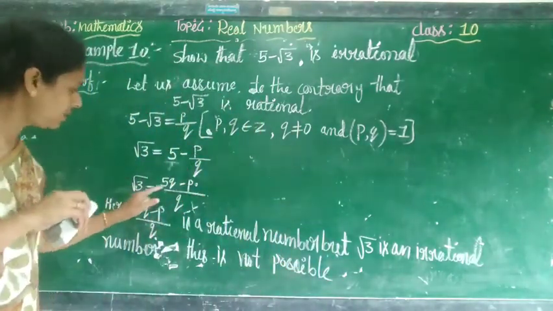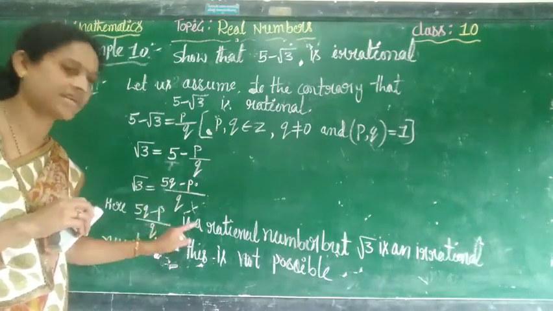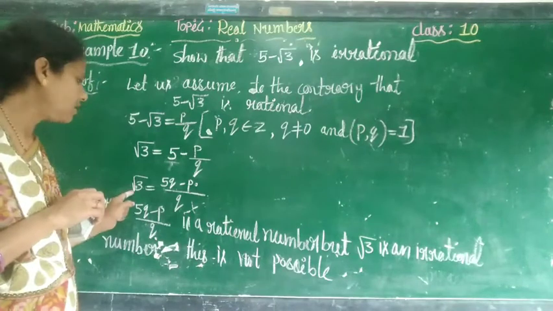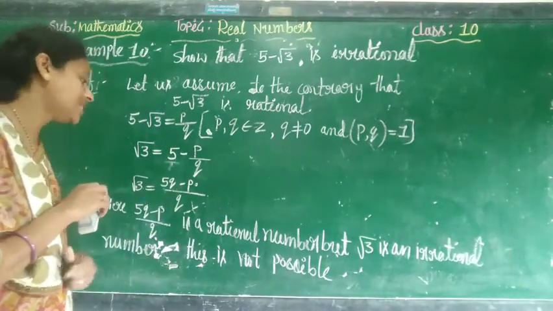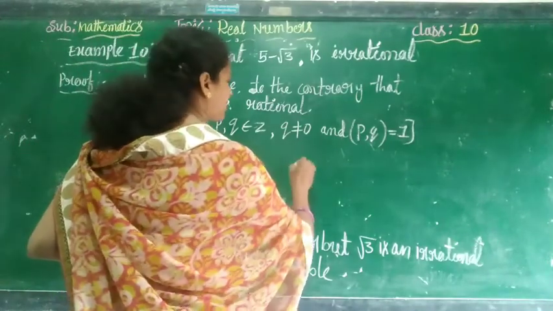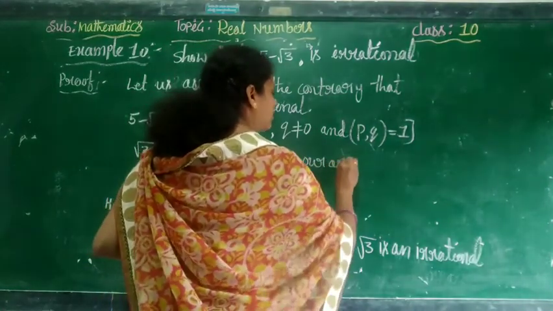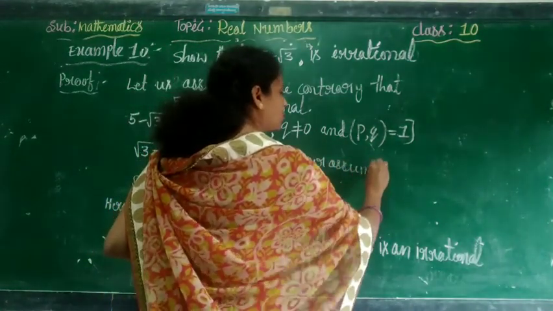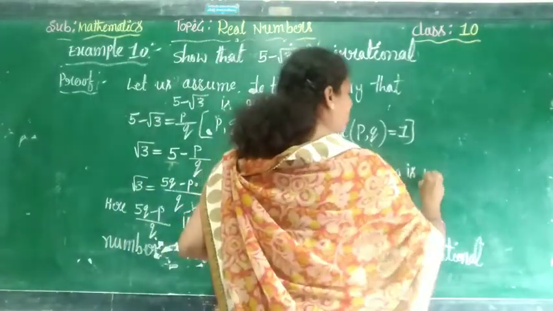Once again, 5q minus p by q is a rational number, but root 3 is an irrational number. This is not possible. Therefore our assumption is wrong.